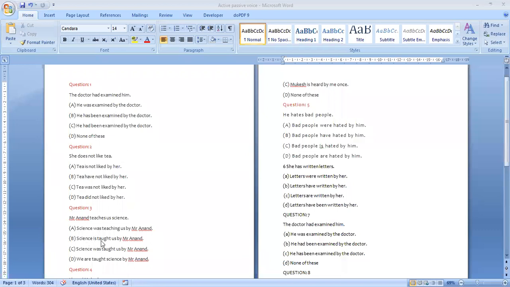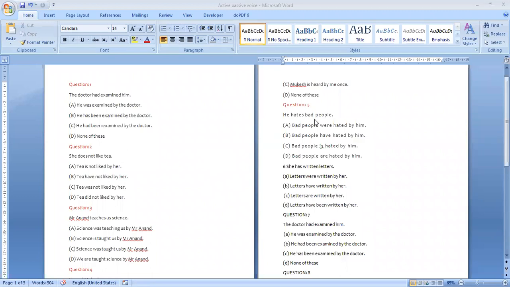Science is correct, but if you look here, "taught to us" should be here, right? So this answer is also wrong. The fourth answer is correct. We are taught science by Mr. Anand. So this is a good example where, when two objects are present, you can have two possibilities here, right? Okay, so option D is correct.